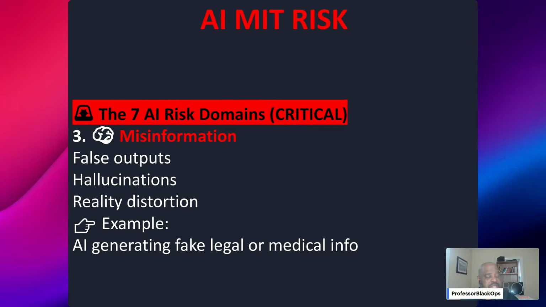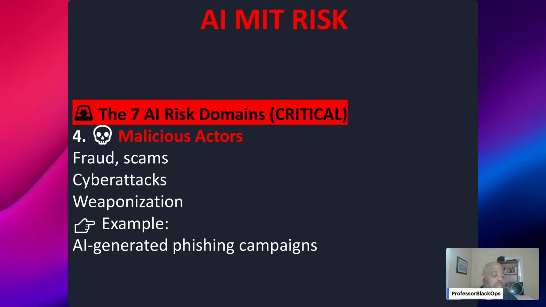Three, misinformation: false output, hallucinations, reality distortion. Example, AI generating fake legal or medical info. Four, malicious actors: fraud, scams, cyber attacks, weaponization. Example, AI-generated phishing campaigns. Those are getting good.